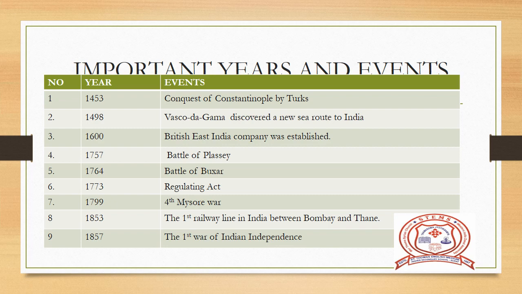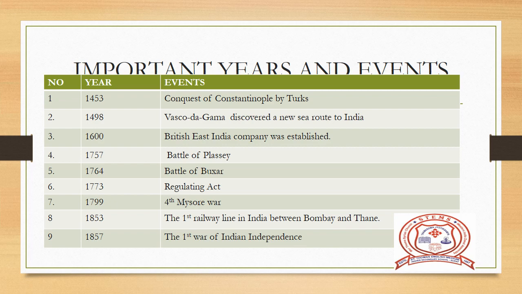1453, the Turks captured Constantinople. 1498, Vasco da Gama discovered a new sea route to India. In 1600, British East India Company was established. In 1757, Battle of Plassey was fought between Siraj-ud-Dowla and the British.